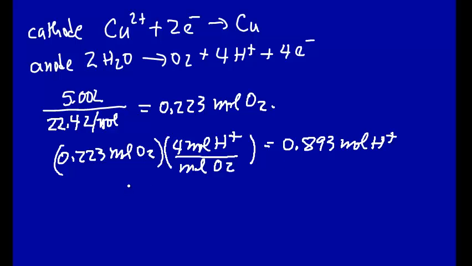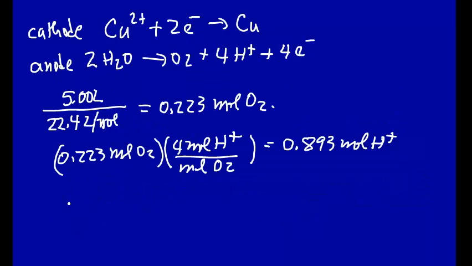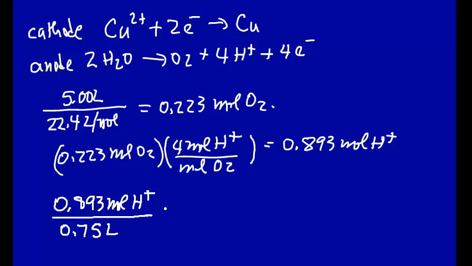And we know that mole of H+ is in 750 milliliters, or 0.75 liter. So we can figure out what the concentration is of H+. 0.893 mole of H+. We have that in 0.75 liter. So the concentration is 1.19 molar H+.